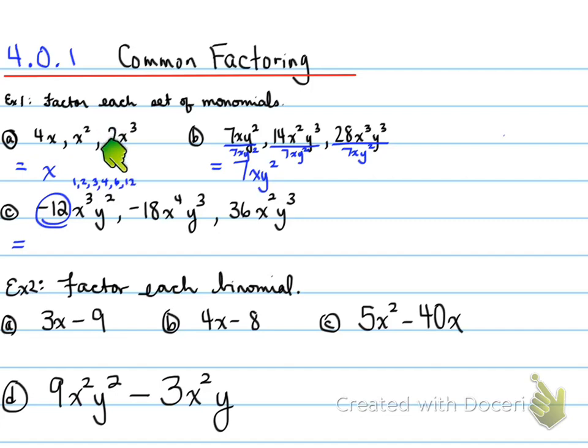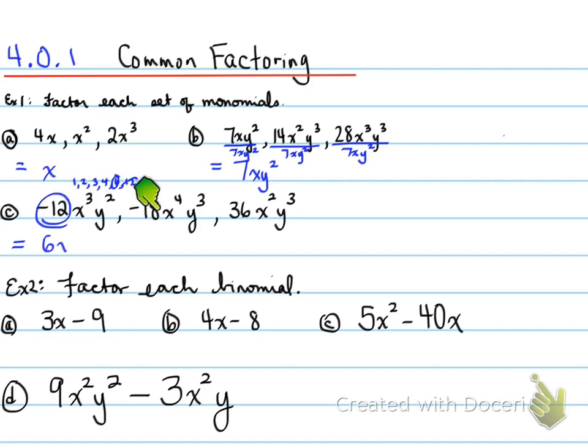Starting with the largest of the factors of the smallest number, we look to see if it can be divided by all of these. We know that 12 can't be, but 6 could be. So our final answer is going to be 6.